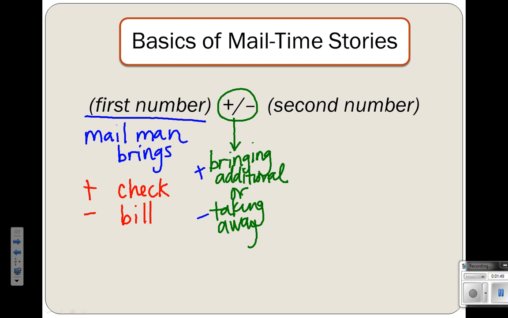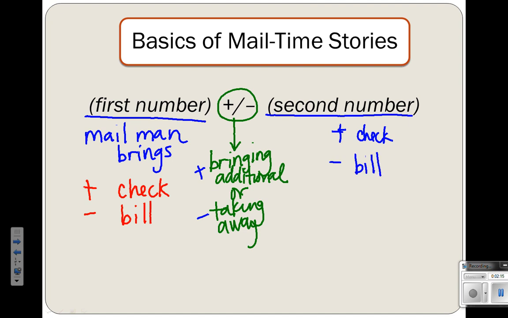If it's negative or subtraction, then he's taking away. Then your second number is going to tell you what he's bringing or what he's taking away. So again, if the second number back here is positive, then the mail carrier is either bringing or taking away a check. If this number back here is negative, then it refers to a bill.